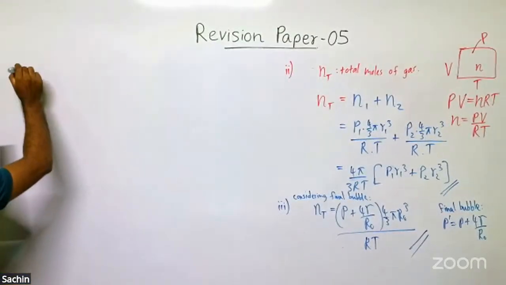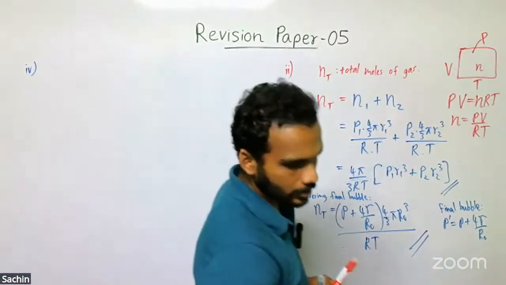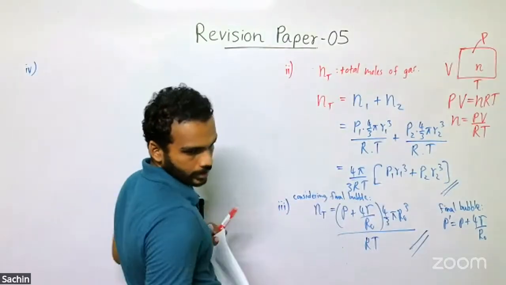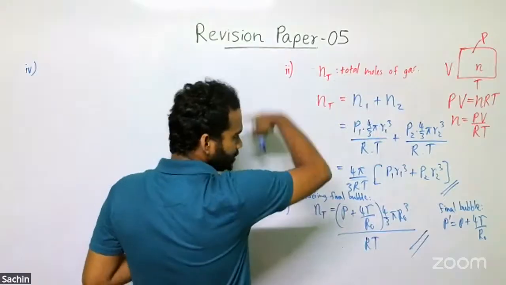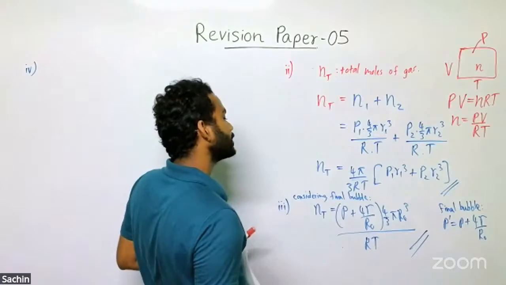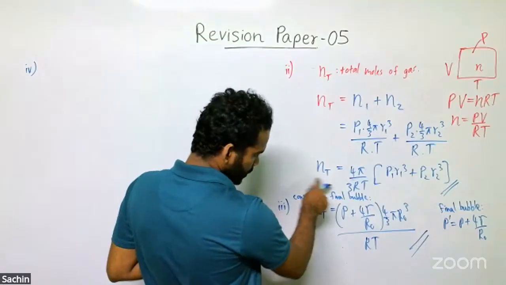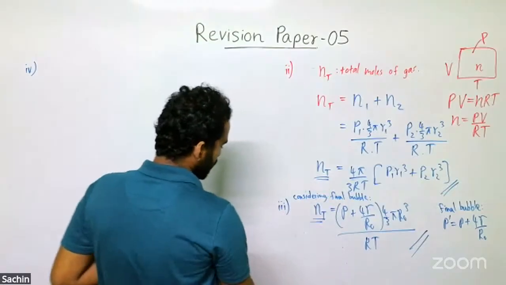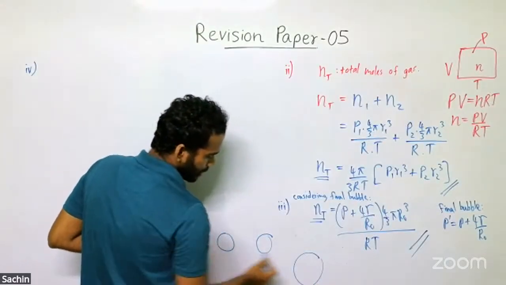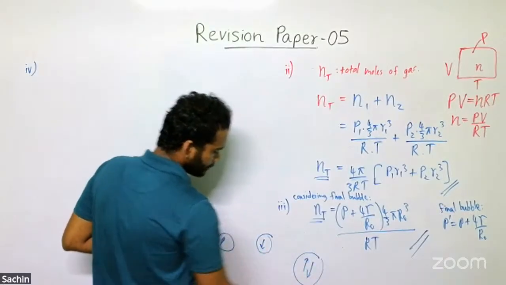So how to go for that? Hence means you have to use the previous results you obtained. So what are the previous results before this fourth one? These two. Considering separately, I have obtained an expression for the total number of moles. And again, considering the final bubble also, I got an expression. This is for the same amount of gas, because even when you mix this up, the same amount of gas should be inside the final bubble, right?